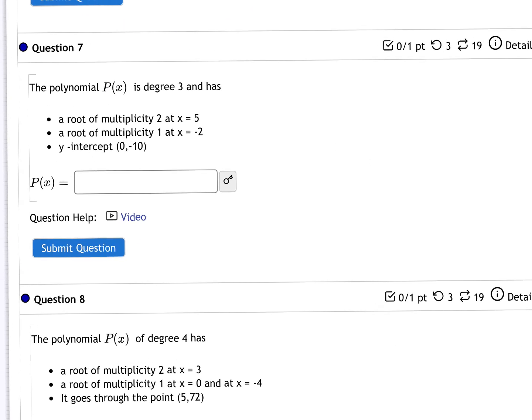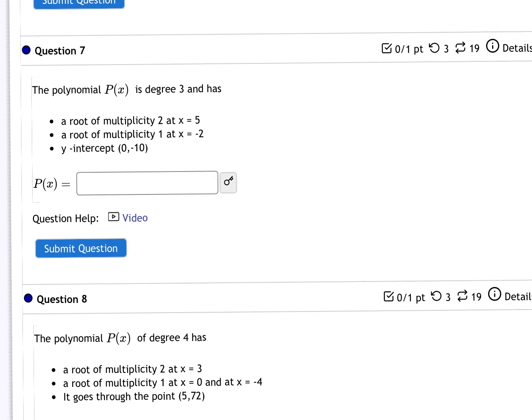All right, so this one doesn't give us a graph, it just gives us the numbers. So you have y equals, and this is going to be a 3-degree polynomial. This is a root with a multiplicity to it, x equals 5. So that happens twice. And then a root at x equals negative 2.